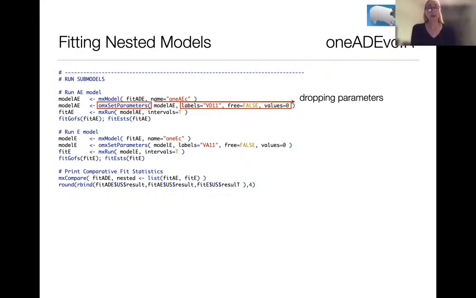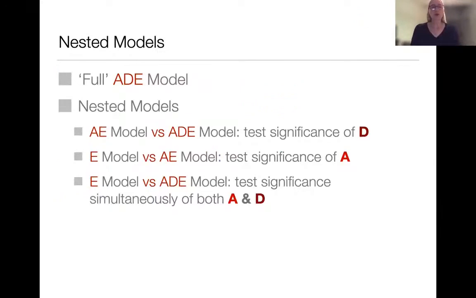That basically means fixing it to 0 so that it does not contribute to the variance anymore. First we do that for the dominance component, and next for the additive genetic component. Then we can use mxCompare to compare our ADE model to the AE model to the E model. The results are shown in the next table.